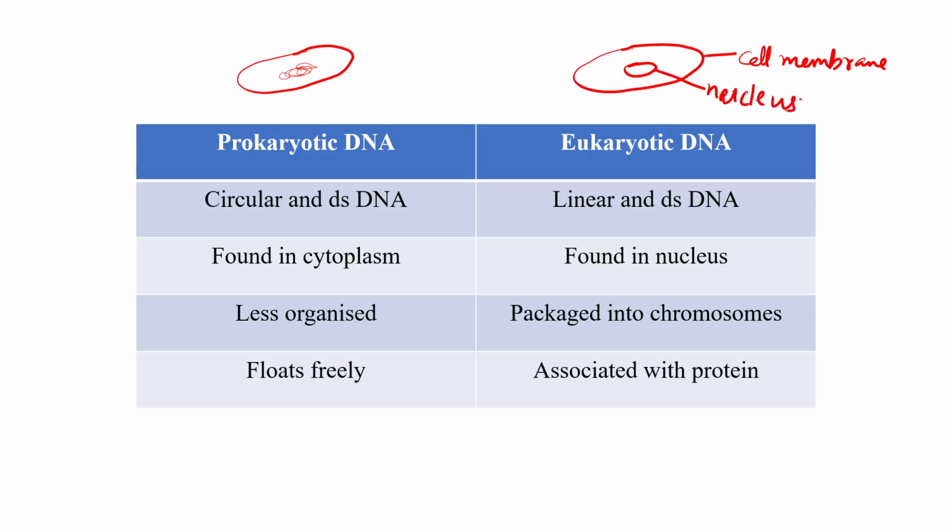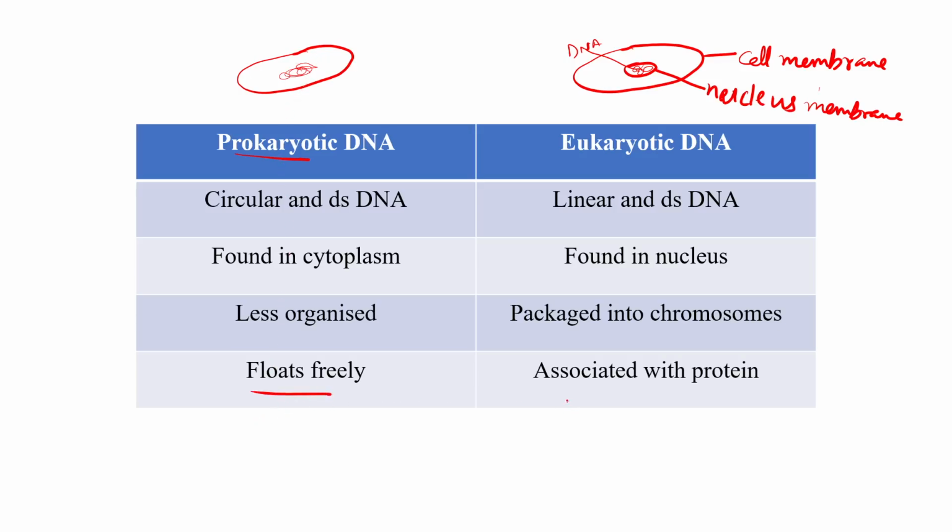So this is the nucleus. This will be the membrane of the nucleus, the nuclear membrane. Inside the nucleus we will have the DNA. For the eukaryotic cell, DNA is enclosed in a membrane-bound organelle, whereas in prokaryotic cells the DNA is just floating in the cytoplasm.